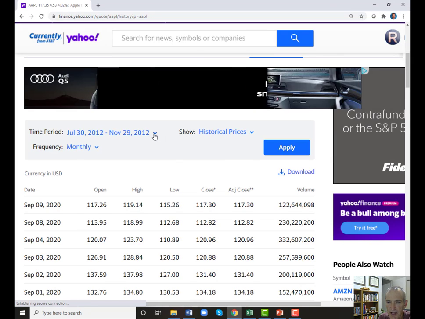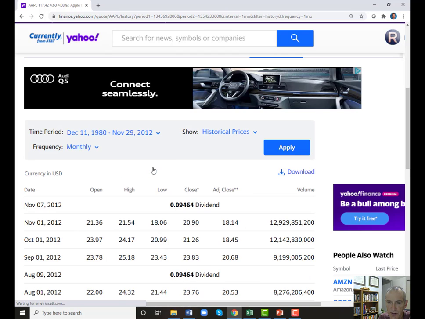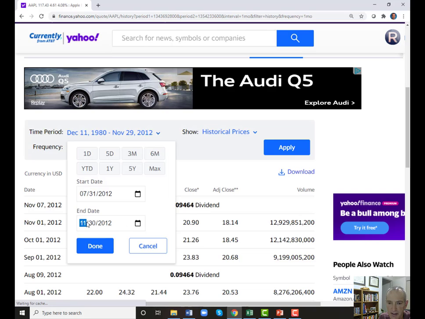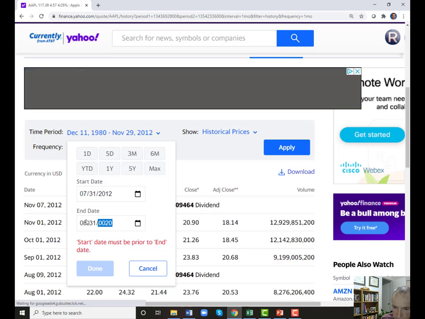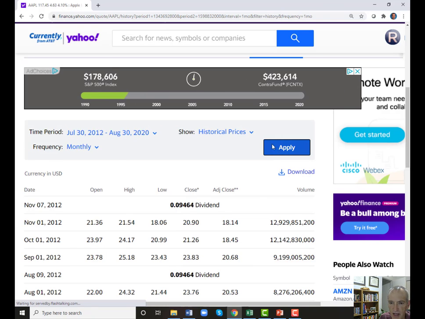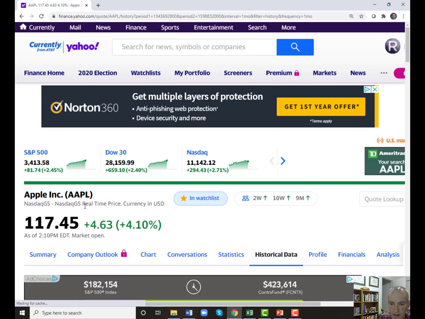And I want to go back as far in time as we can go. So I'm going to do the max. And the end date, I'm going to put 8/31/2020. And apply. So I have Apple for the longest period I can get.